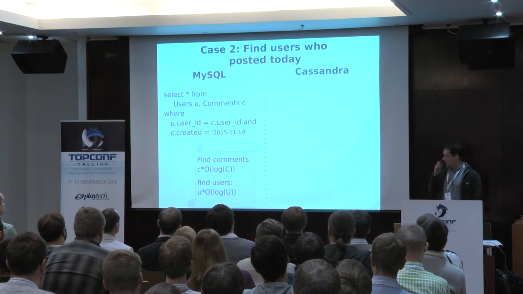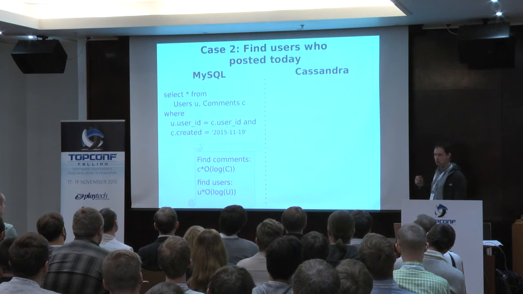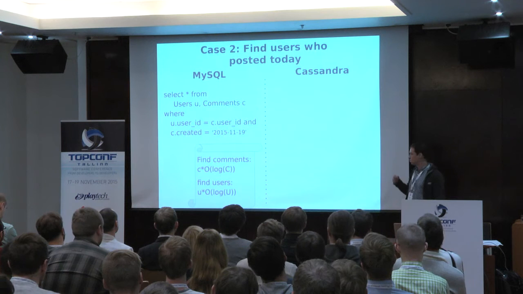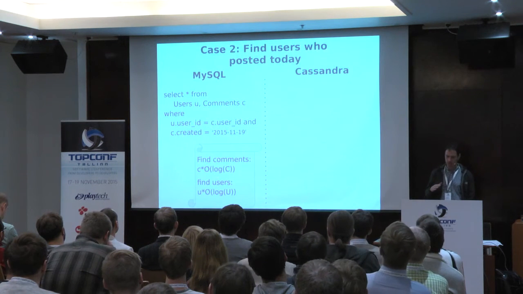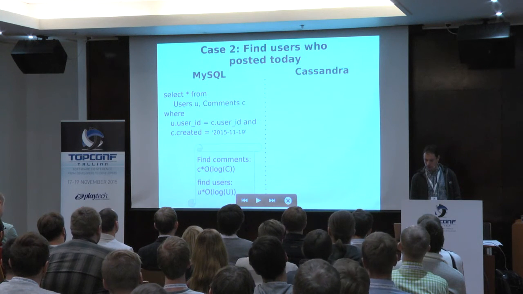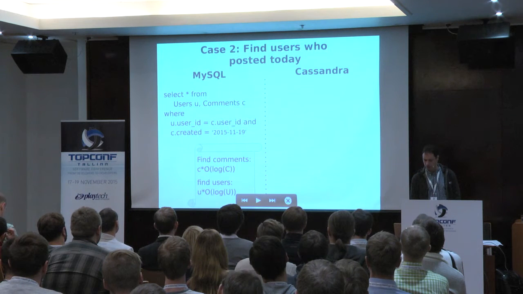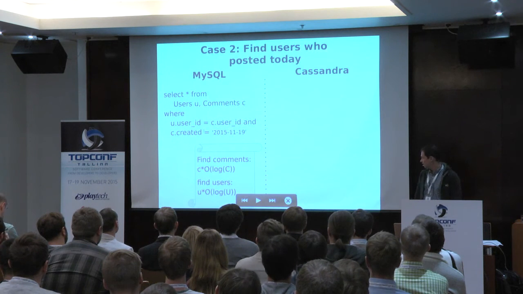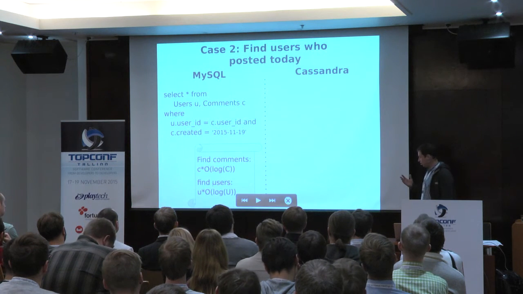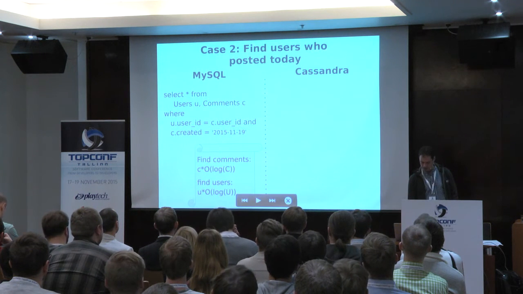If we take case 2, which is a bit more complicated, we are going to display all comments which were posted today or at a certain date. In this case, our query will be modified so that we filter by creation date. And in a pretty similar way, we can estimate our complexity here.